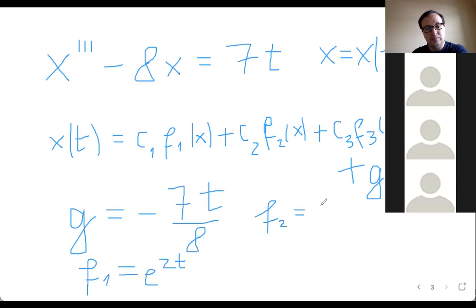So it's e to the power t times cosine of square root of 3 times t.